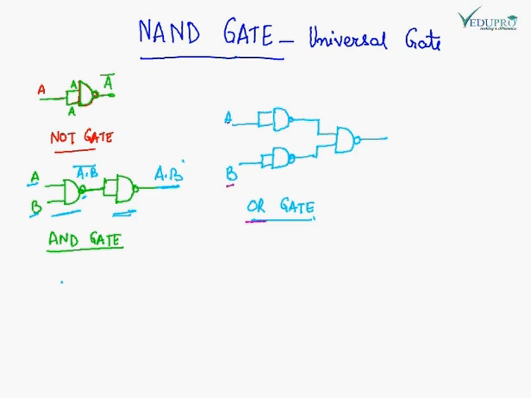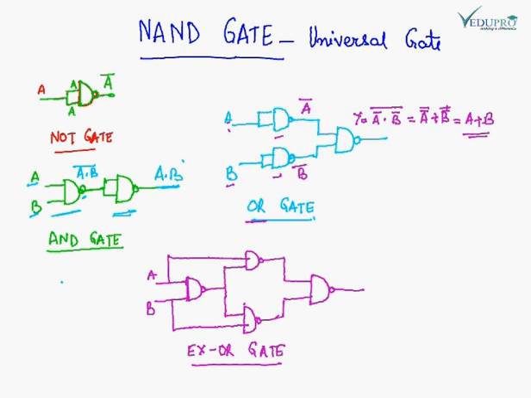A and B are the two inputs. This is a NOT gate, this is the second NOT gate. So A is the input, so its output will be A slash. B is the input here, so its output will be B slash. Here the output will be A slash dot B slash, the whole slash. Now using De Morgan's theorem, A plus B slash slash is equal to, these will cancel, so A plus B. So A plus B is the truth table of OR gate. A plus B represents OR gate.